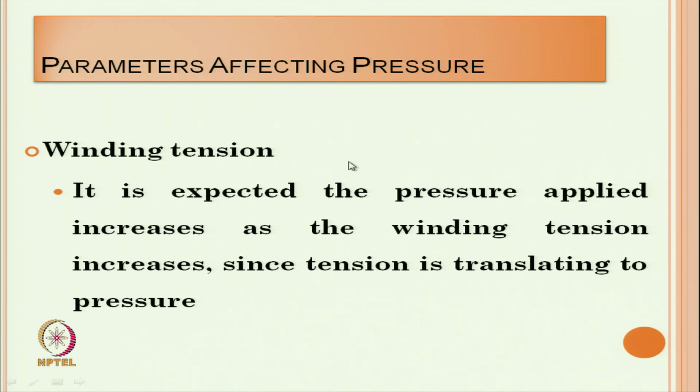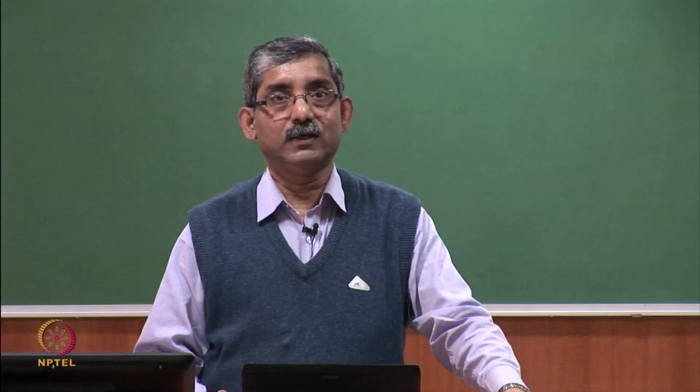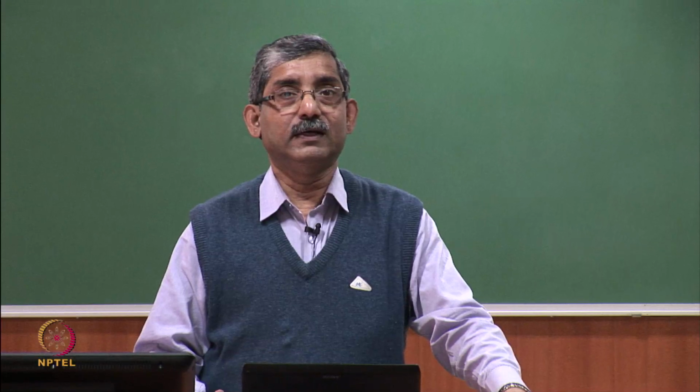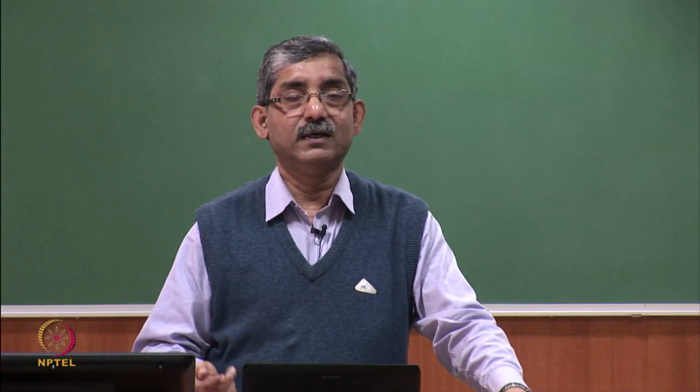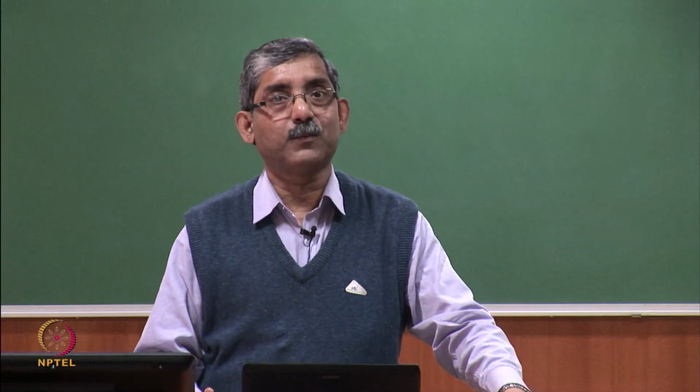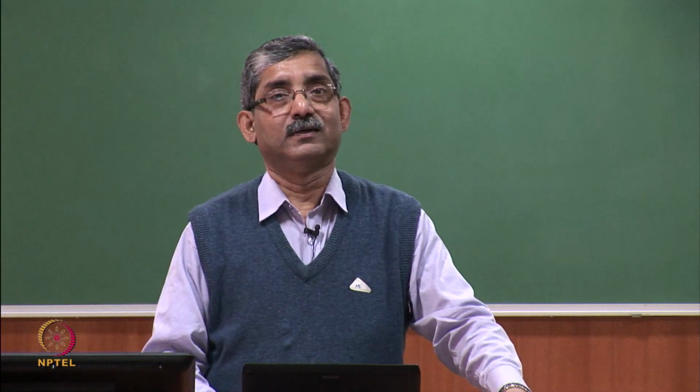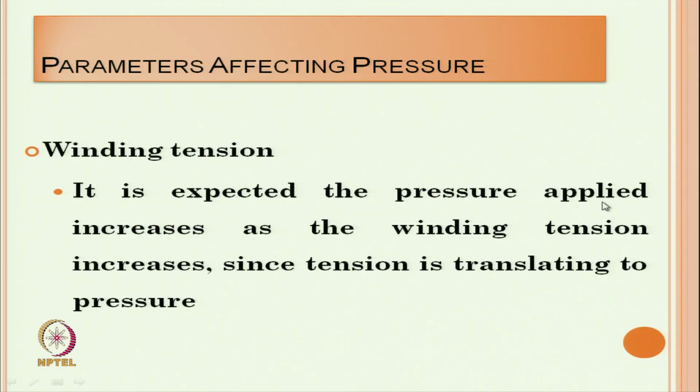To increase or decrease the compression pressure, we have to increase or decrease the tension during wrapping of the compression bandage. It is expected that the pressure applied on our body increases as the winding tension increases, because this tension is translating to the pressure.